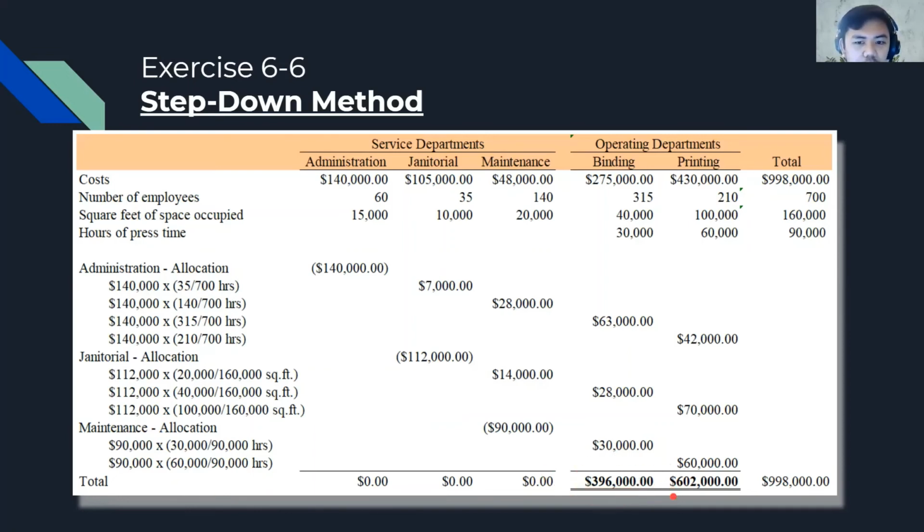And for the printing, the 430,000 initial cost plus the allocated administration of 42,000 plus the janitorial of 70,000 plus the maintenance of 60,000 is equal to 602,000.